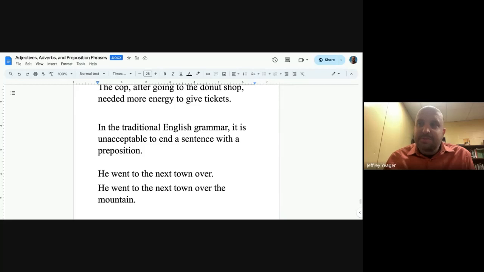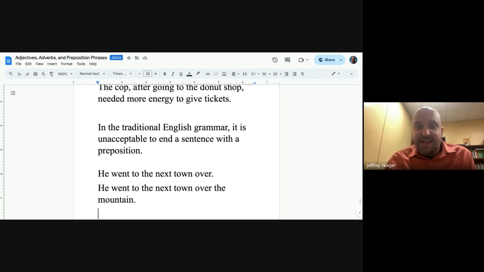Of course, the argument against that is, aren't you just adding more words and making your sentences more cluttered? Well, maybe so, right? But it's just one of those old rules that they came up with in the 18th century. You should never have a preposition at the end of the sentence.